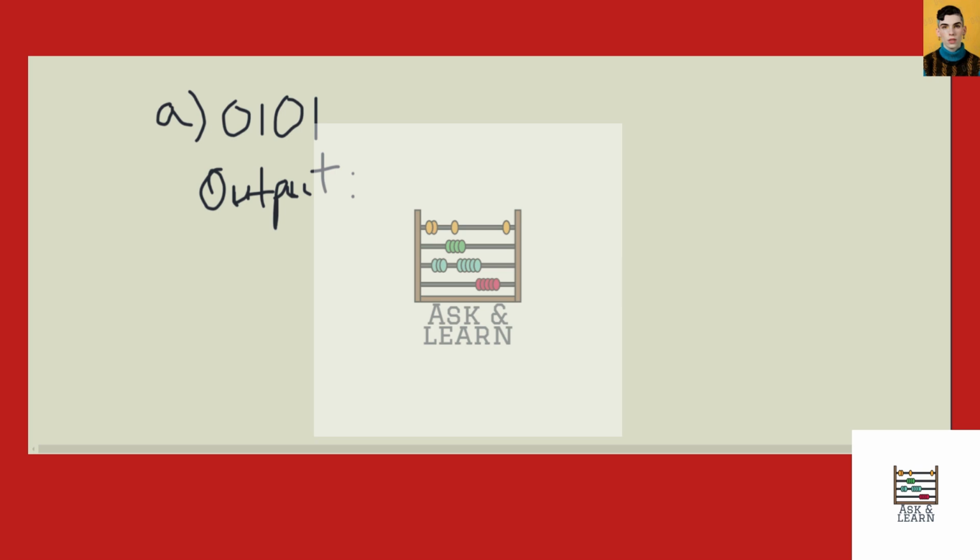And our first input is a 0. And so the next state is S0, and the output is a 0. Our next input is a 1, and we see that we have a 1 at state S0, so our next state is going to be S2, and again our output is a 0.